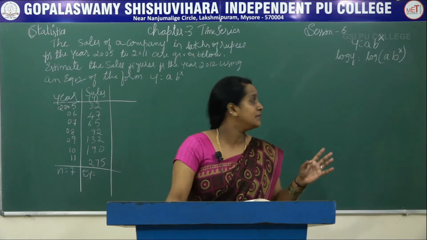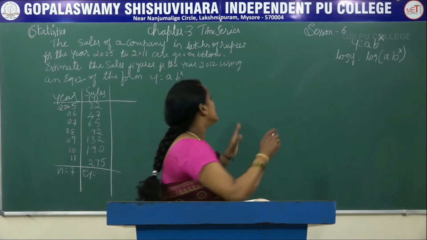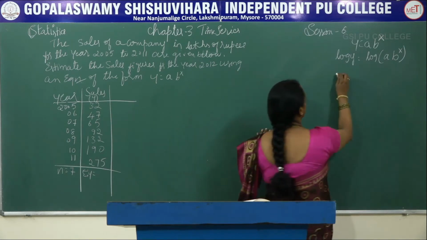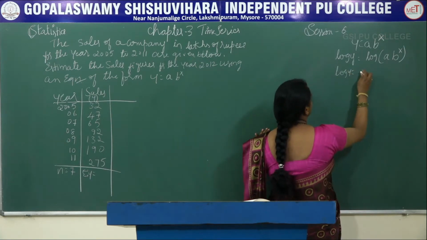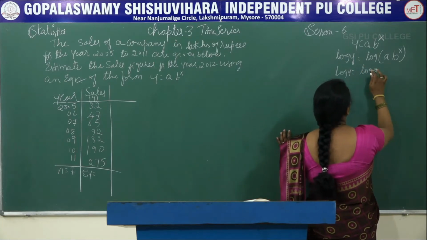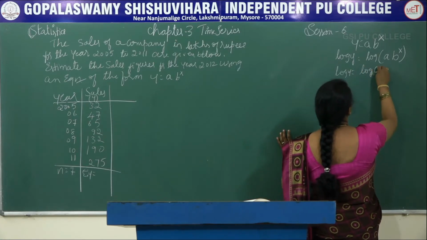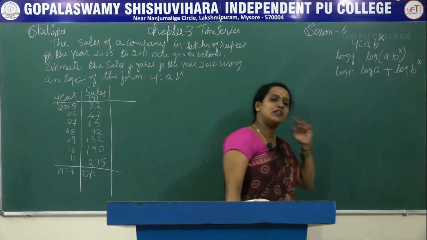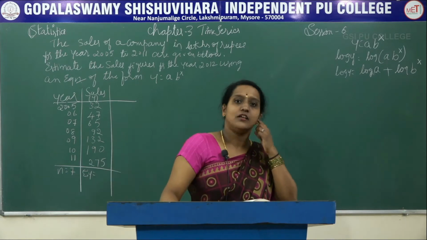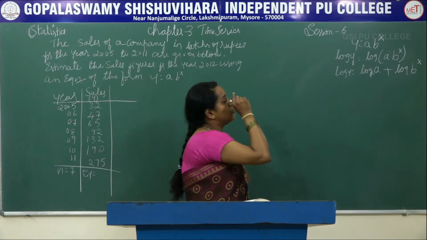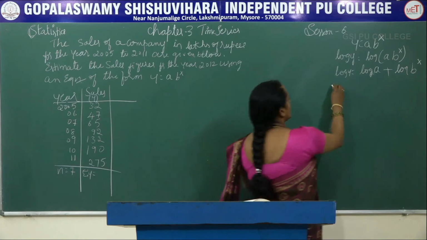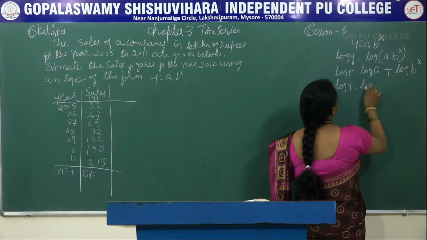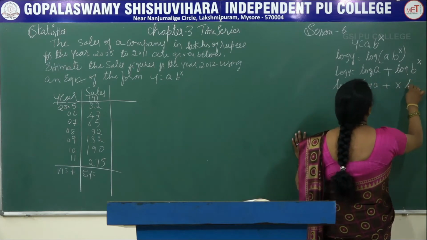According to the laws of logarithm, this product can be written as a summation. So log y is equal to log a plus log b power x, and again using the laws of logarithm, log y is equal to log a plus x into log b.